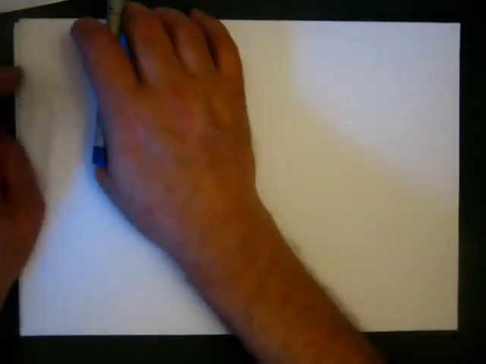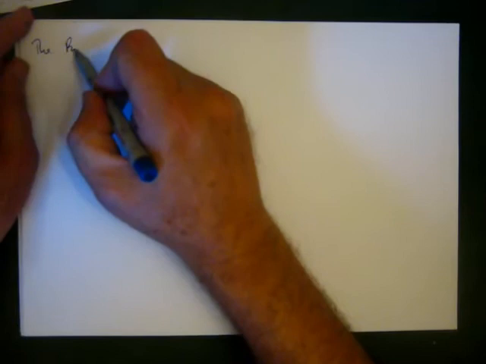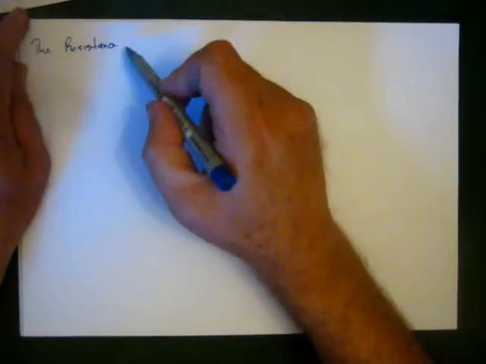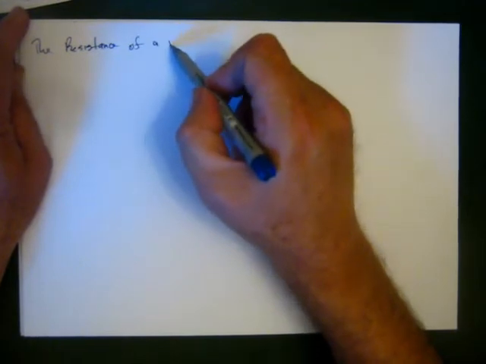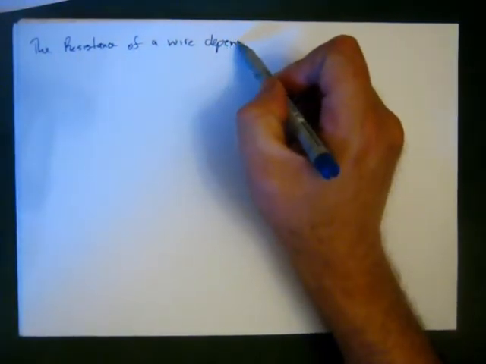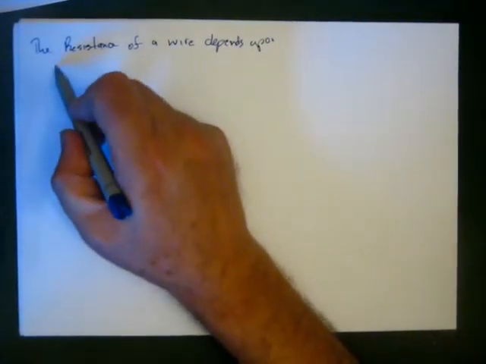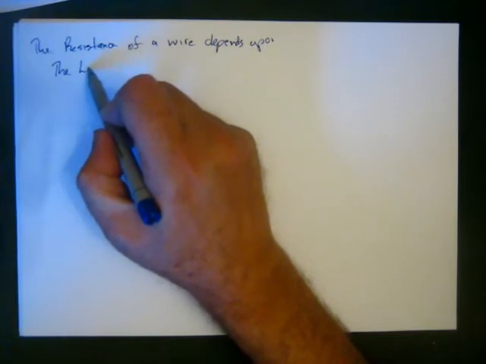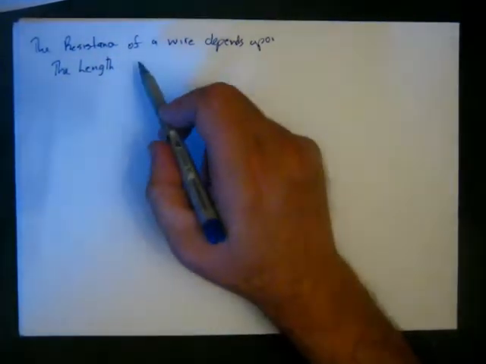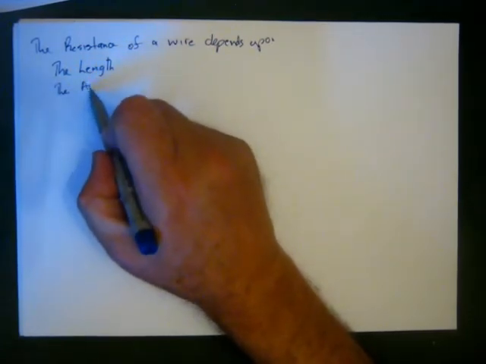So the resistance of a wire depends upon several things. How long is the wire? The length of the wire. It also depends upon the cross-sectional area of the wire.